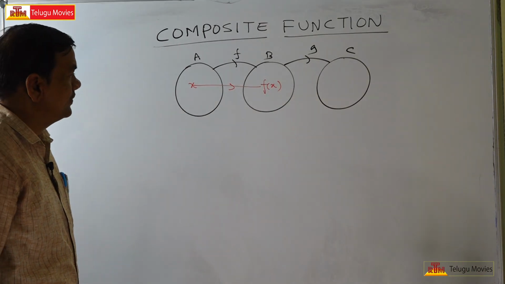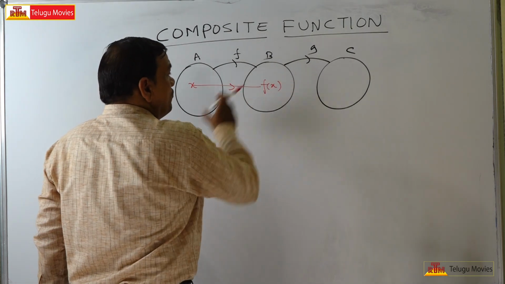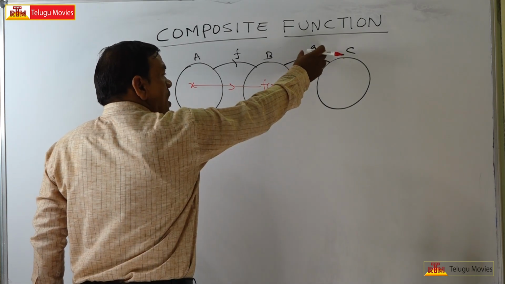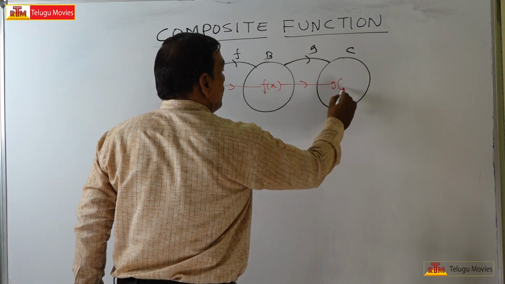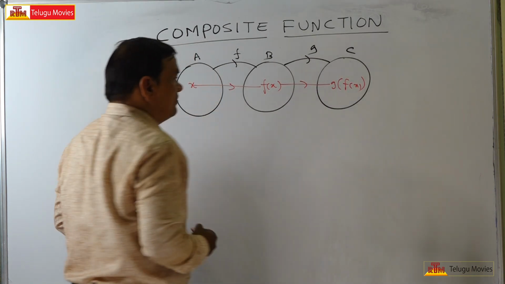Given the element f of x, under the function g its image is g of f of x. Understand?